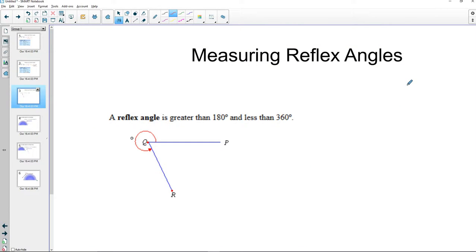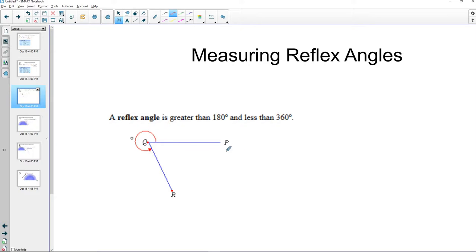So before we get into actually looking at how we can measure reflex angles, let's look at some of the important facts about angles which we need to know to do this. For starters, angles have endpoints which are called, in this example, P, Q and R. Those are just the points where the lines, also known as rays, end.